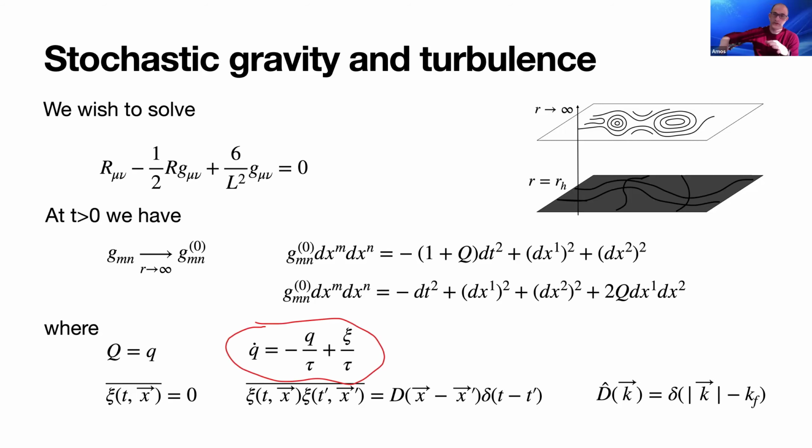Instead of a delta function, there's going to be some exponential decay, and tau is the width of this decay. And dot is d/dt, and tau is a parameter. Okay, good. Thank you.